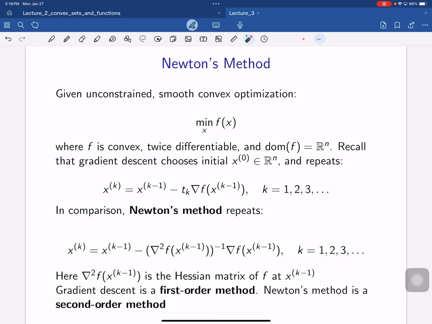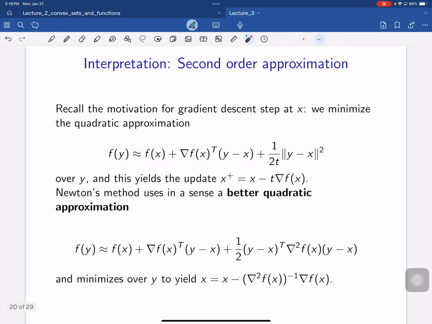Since you use second order information, this is called a second order method. Now, you don't need to remember this update formula for Newton's method. Every time you want to remember Newton's method, you can derive it yourself. So I will show you an easy derivation.